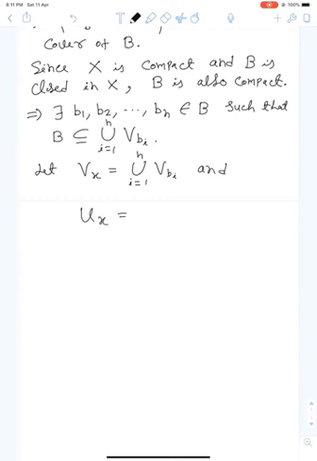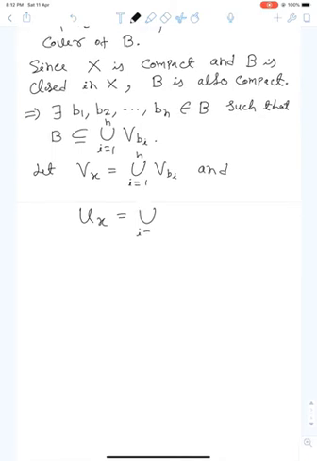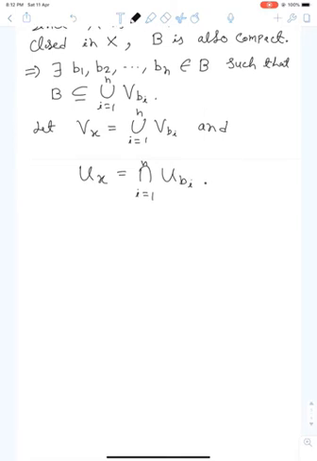And Ux equals the intersection over i equal to 1 to n of U_Bi, right? Now obviously B is a subset of Vx and x belongs to Ux.